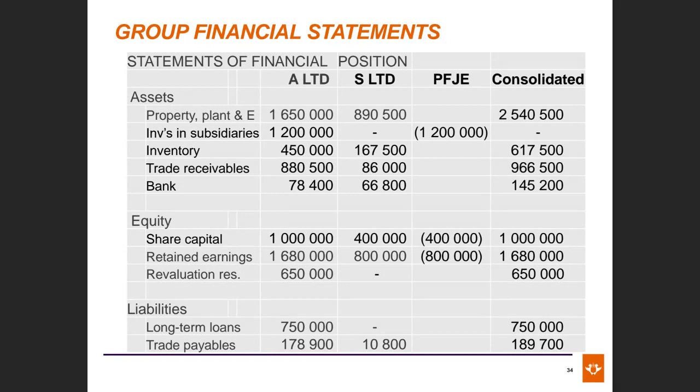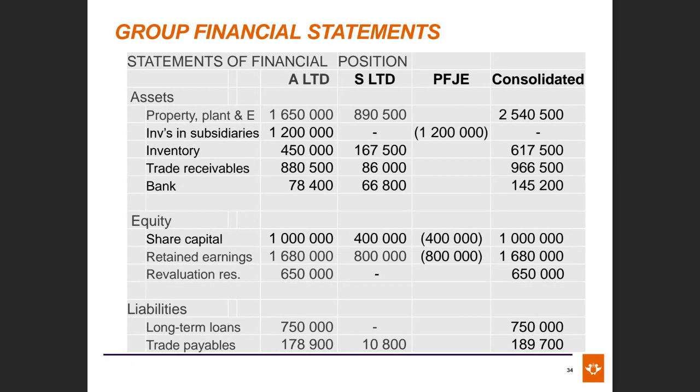If we add A plus S, that is going to give us 966,500. And it's the same with bank. We're going to take A's bank of 78,400 and the bank of S of 66,800.